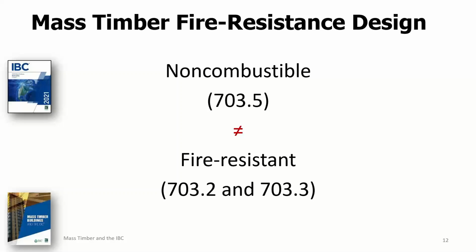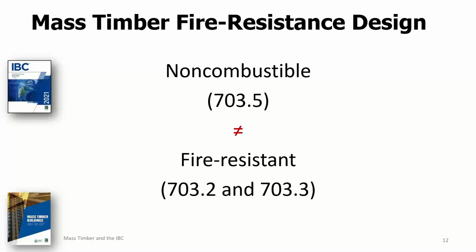Conversely, you can have a combustible building element, such as a large cross-section wood beam or a wood frame wall that has membrane protection, such as gypsum wallboard, for example, that has comparatively higher fire resistance.